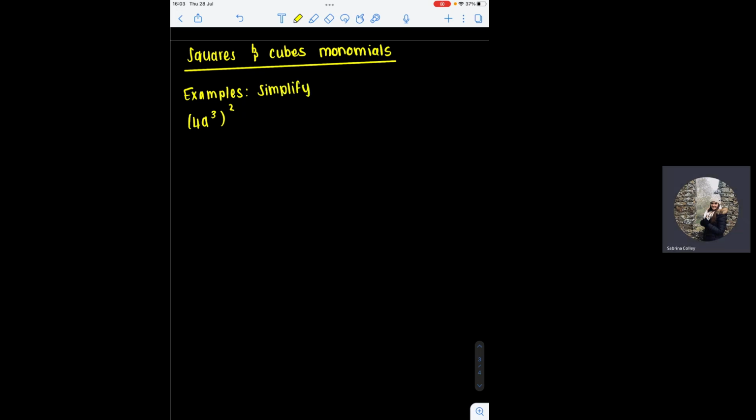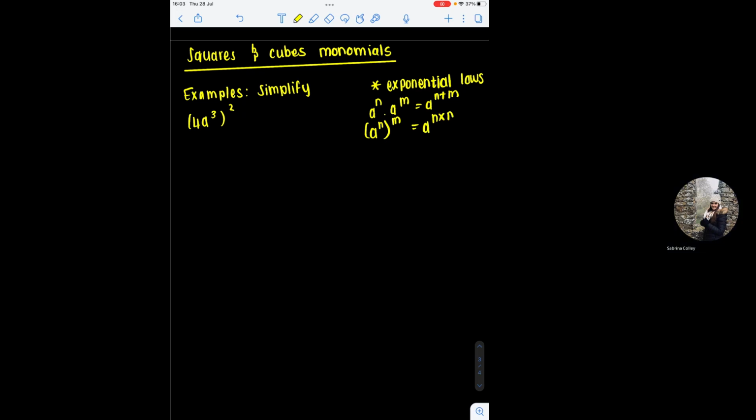All right, so simplify with these ones, you need to remember your exponential laws. If I've got a to the power of n times a to the power of m, then I'm going to have a to the n plus m. If I've got a to the n and then to another power, I have to multiply.